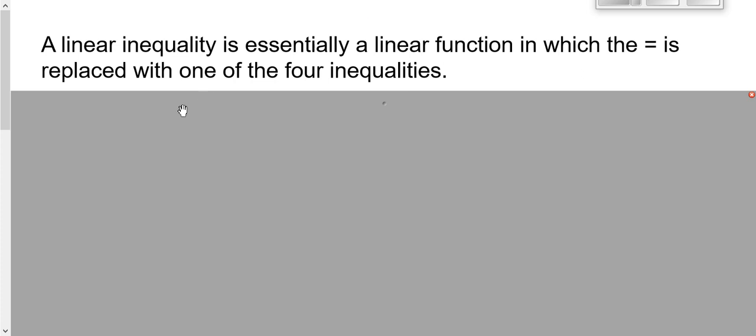So a linear inequality is essentially a linear function in which the equal sign is replaced with one of the 4 inequalities. So of course linear and linear, except that in this case because we are talking about inequalities.